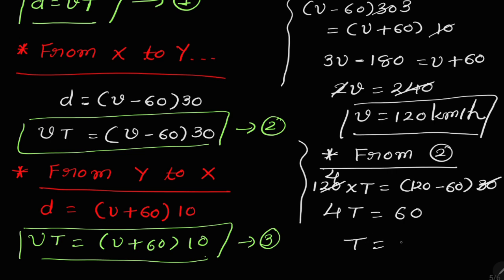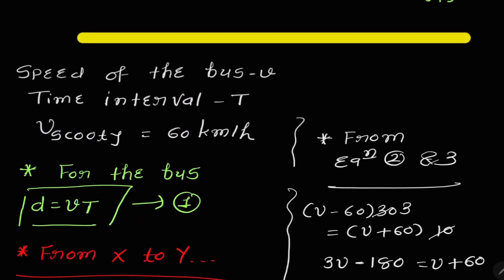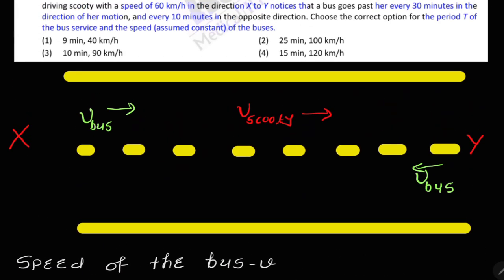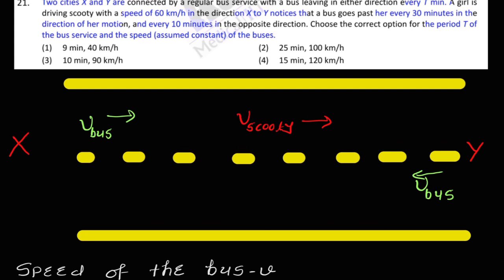So t is equal to 60 by 4. So the answer will become 15 minutes. Clear बच्चों? So the correct answer will be speed is 120 kilometer per hour while the time period is 15 minutes. So option number 4 is the correct answer, 15 minutes and 120 kilometer per hour.